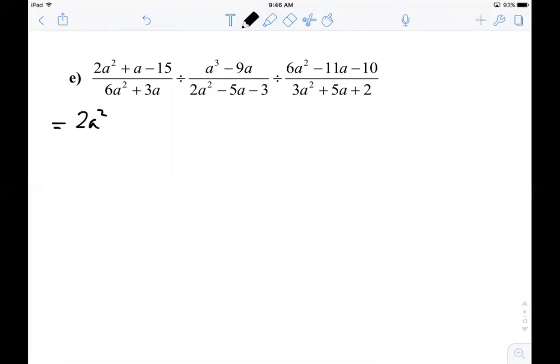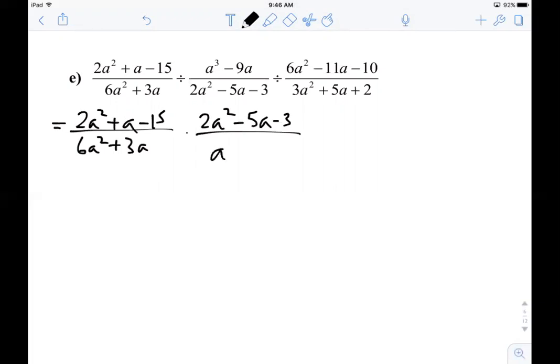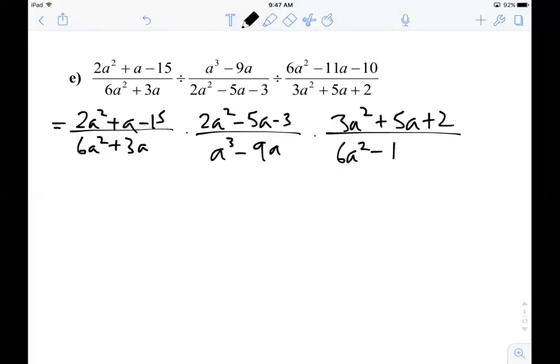So 2a squared plus a minus 15, 6a squared plus 3a, and now it's going to be multiplied by the reciprocal of the second piece, and also multiplied by the reciprocal of the third piece as well. Okay, so that's step one all done.